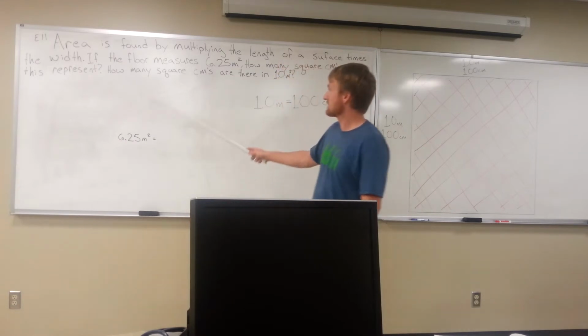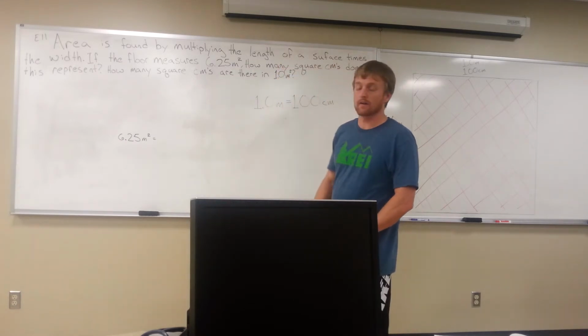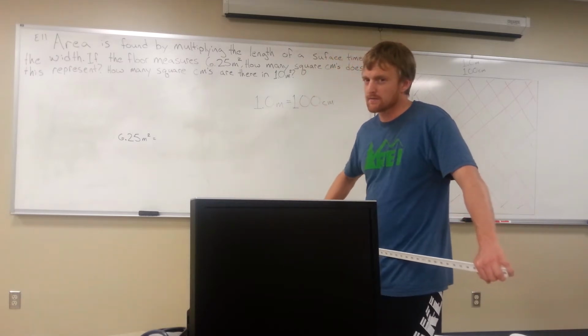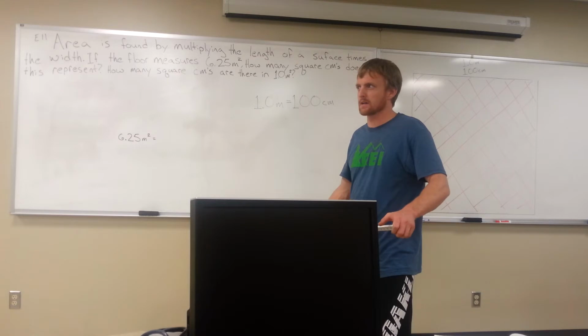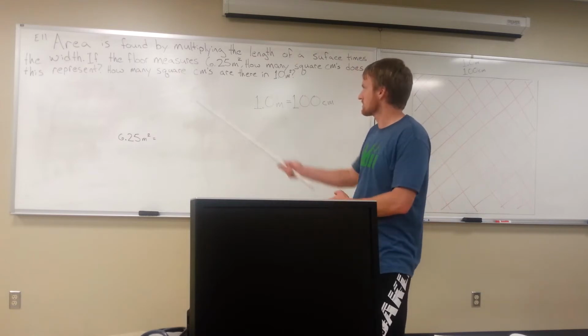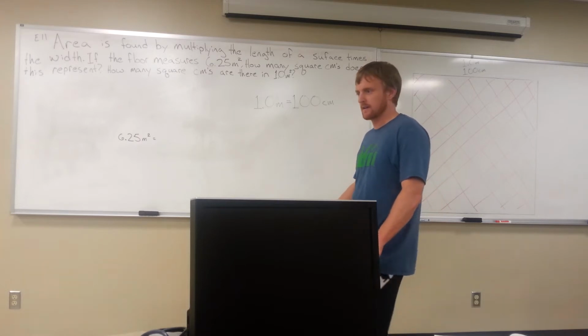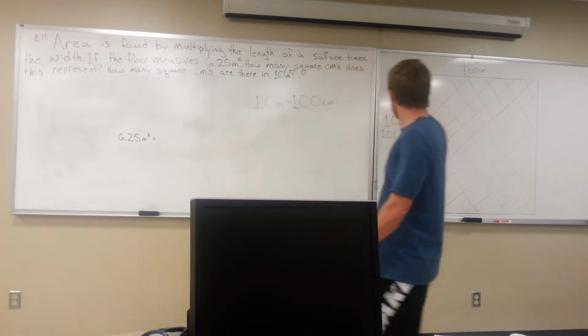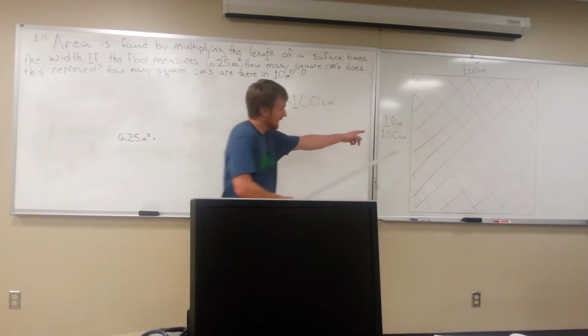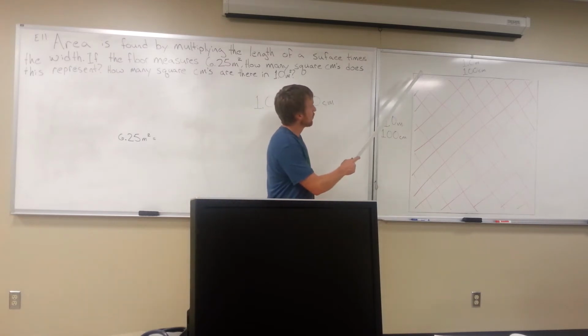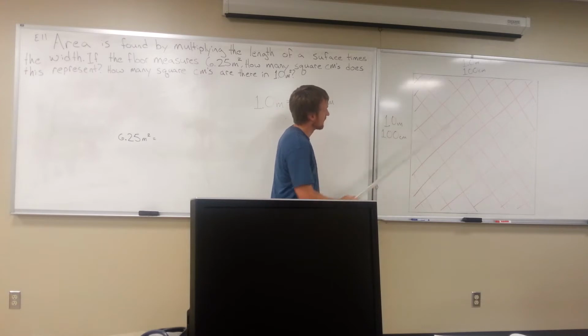Okay, how many square centimeters are there in 1 square meter? So this kind of gives you a tricky aspect because the last question gives you a big hint as to where to begin. Over here to our right, I have drawn out a scale of 1 square meter.